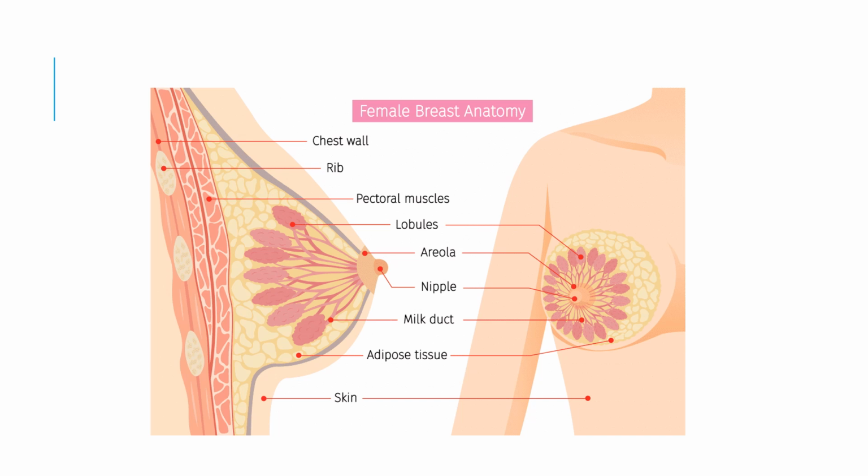This is the adipose tissue or fat tissue. Then we have the lobules. The lobules are here and the duct is here, and this is one unit, the lobule and duct. Those ducts finally form a bigger duct, the lactiferous duct, which opens into the nipple.